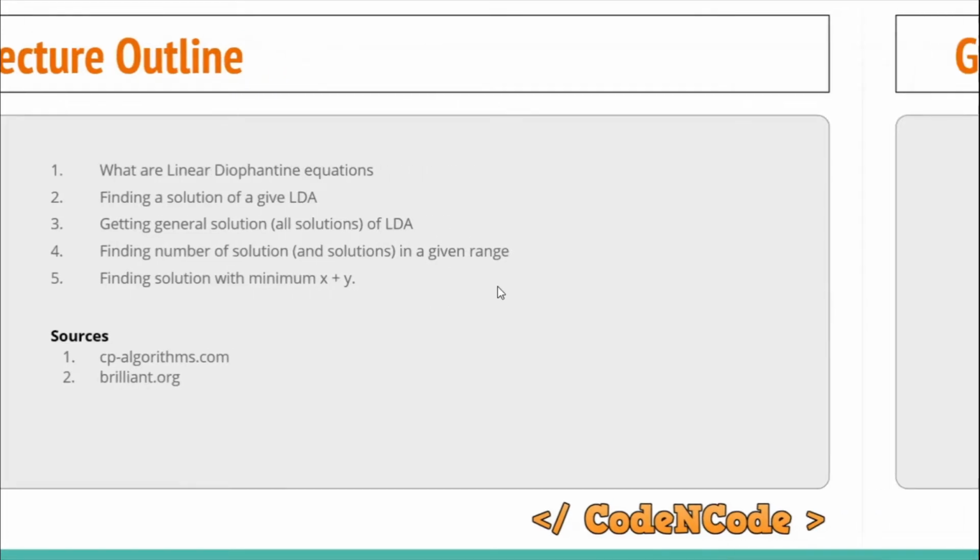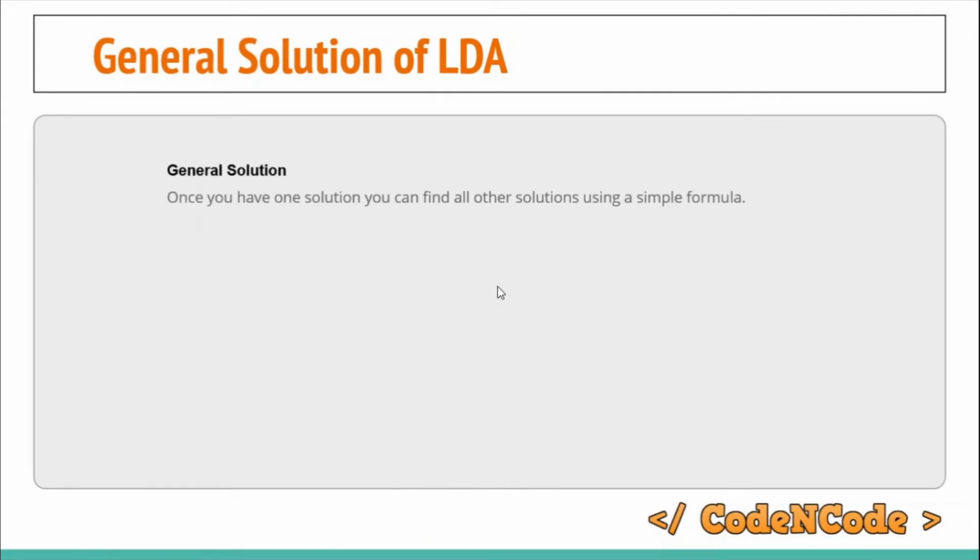for a given LDA. Now, if you have one solution of a given LDA, then you can generate a formula which is capable of providing all of the solutions for that given LDA. So suppose we have LDA ax plus by is equal to c, and g is GCD of a and b, and x0 and y0 is a solution of this LDA that we have found using extended Euclidean algorithm or any algorithm that you want.